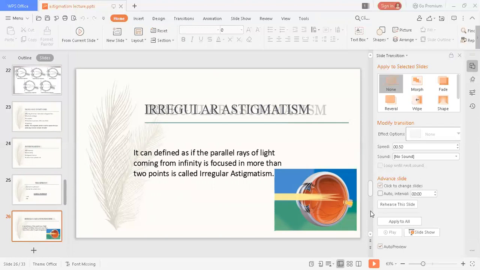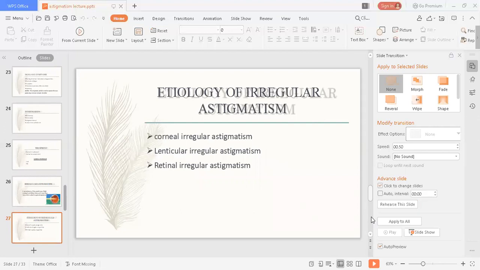It can be defined as the refractive condition in which parallel rays of light coming from infinity are focused on more than two points. This is because the refraction is irregular in various meridians. This happens, say, if the patient has chemical burns, a corneal ulcer or corneal injury, then the corneal surface becomes irregular, so it refracts irregularly.